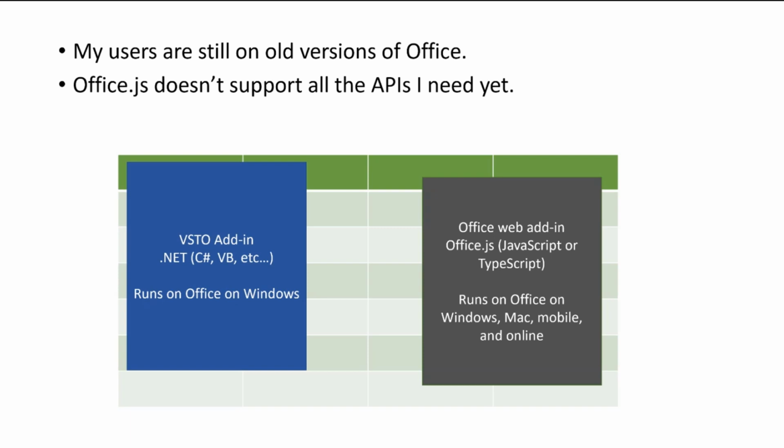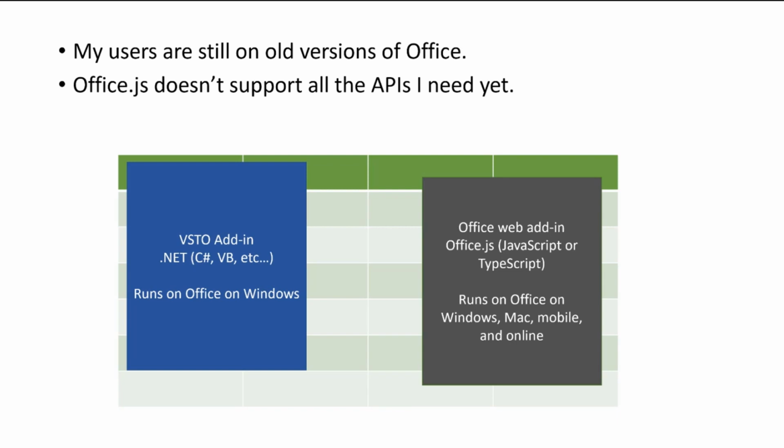Another reason you'll probably want to stick with your VSTO add-in is that Office.js might not support all the APIs you need. If you're working in Excel or Outlook, most APIs are there now. It's a pretty good story. If you're working in Word or PowerPoint, there are still some APIs missing. So you have to do some analysis to figure out what features you can move over and what you can't.